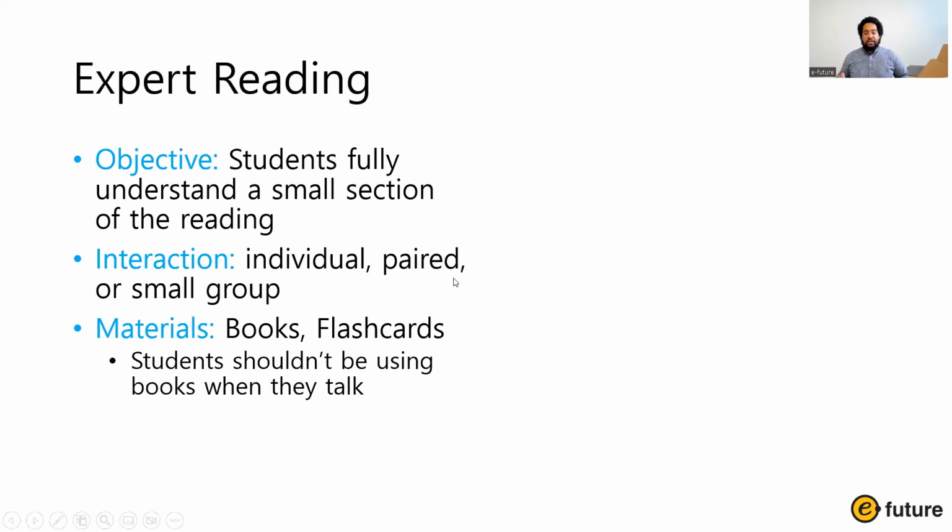You can make the interaction individual, paired, small group, it's up to you. And then for materials, all you need is books and flashcards, that's it. And you maybe don't even need the flashcards, but for younger learners, it's really helpful to have that extra prompt. But they shouldn't be using the books when they're talking, because that defeats the purpose of being an expert.